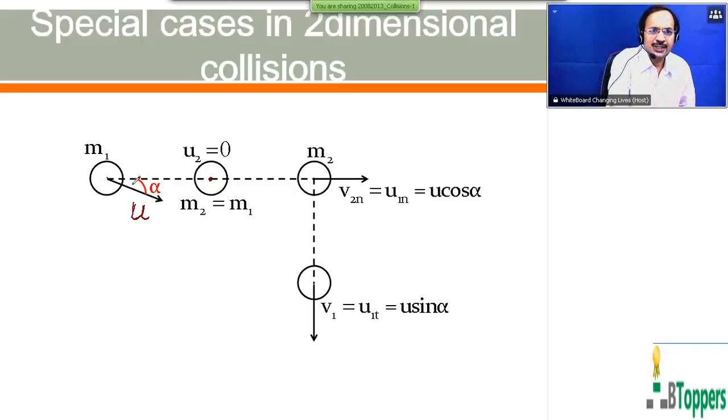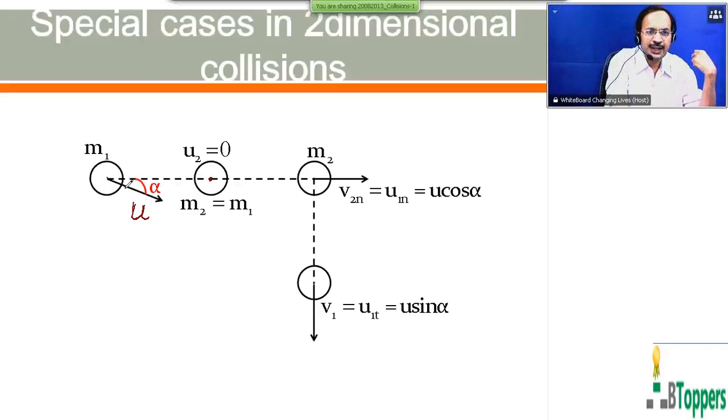So in the case of one-dimensional elastic collision, if the second sphere which is initially at rest has same mass as the first sphere, then after collision, the first sphere in motion will come to rest and the second sphere will start moving with the velocity of the first sphere. That means after the collision, the velocity of m1 in the normal direction becomes 0. So it retains only its velocity in the tangential direction.